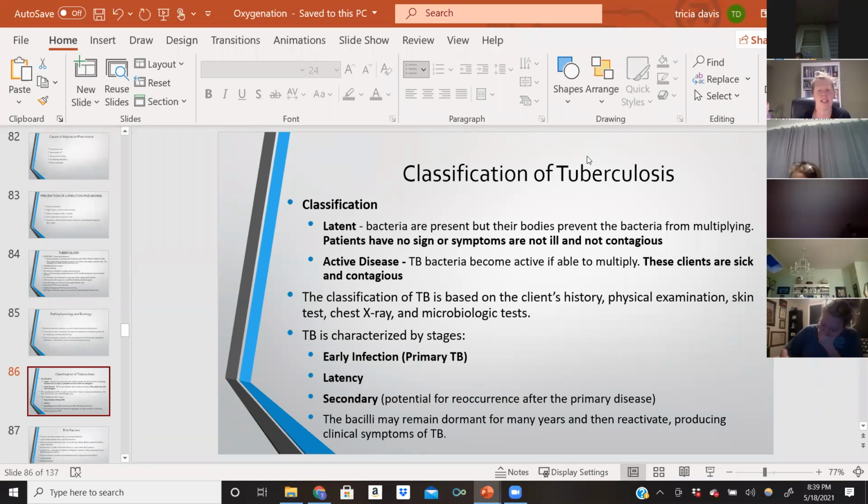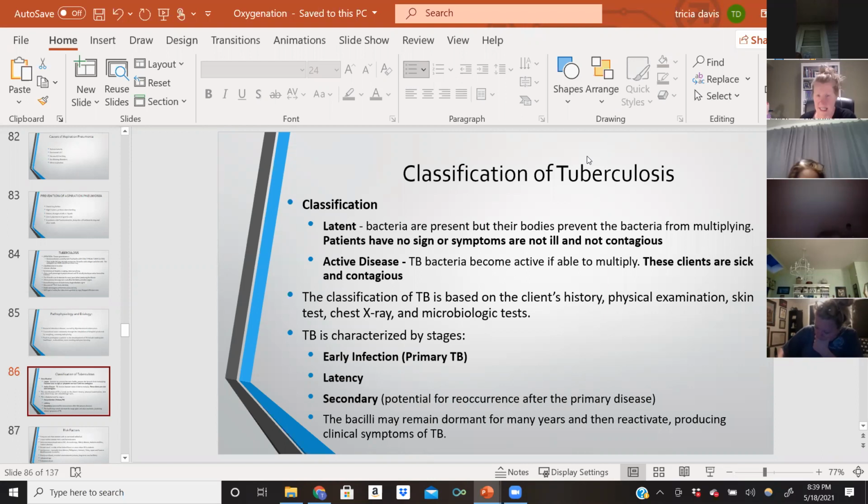The classification of TB is based on the client's history: maybe where they lived, have they gone out of the country, what have they done, what kind of other lung issues have they had, what are we seeing on our physical examination right now, how are they presenting.